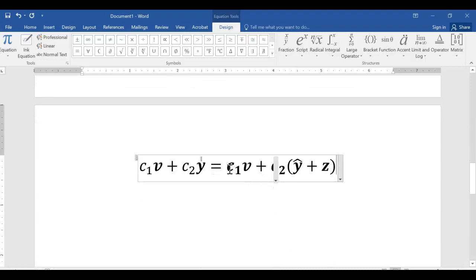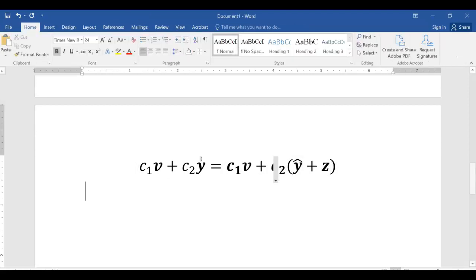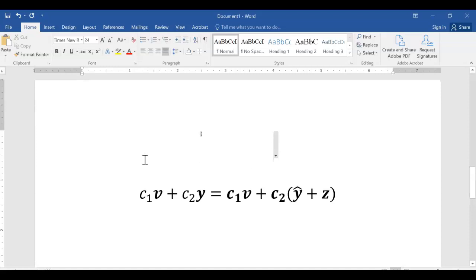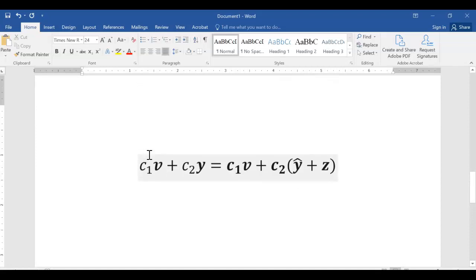So now I'm going to replace y hat. I apologize, something's weird with the copy-paste tool there.